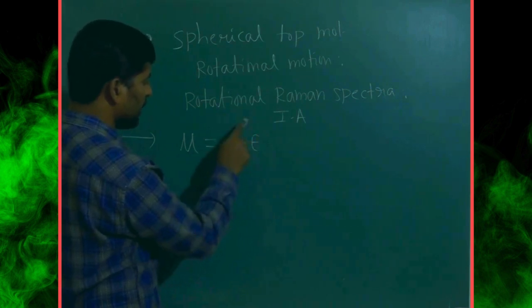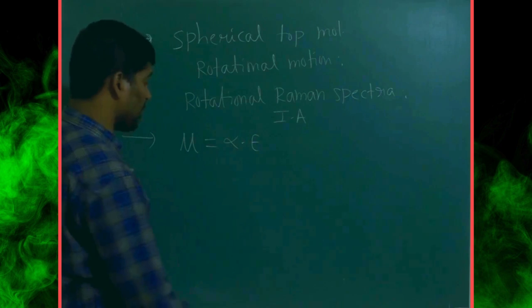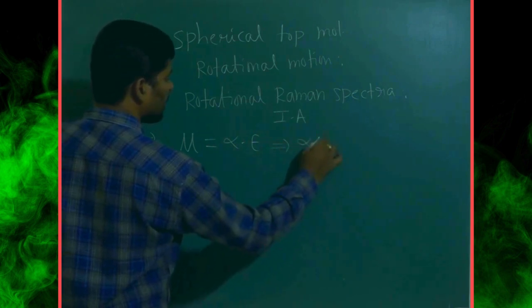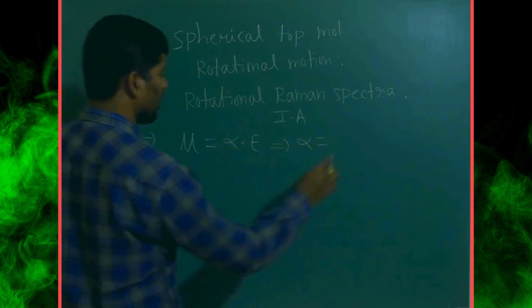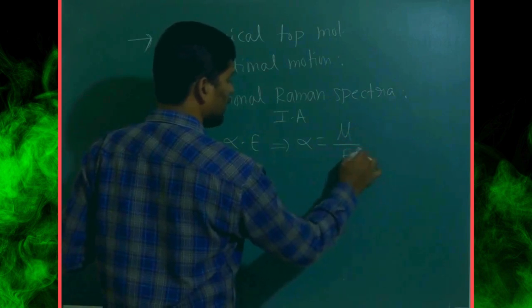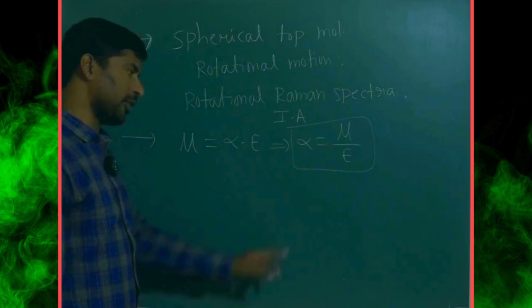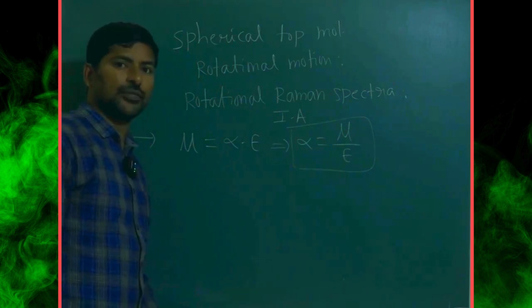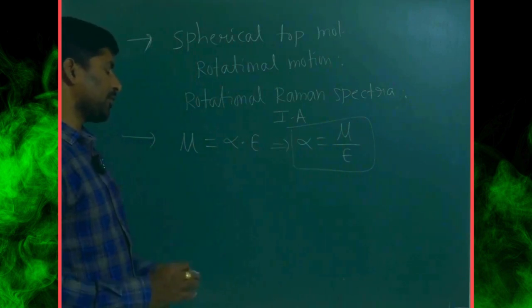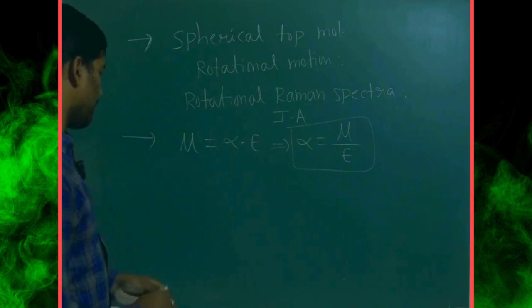For a given electric field, alpha may be different for different molecules, so the induced dipole moment may differ. So the polarizability of the molecule is given by mu by E, where mu is the induced dipole created in the molecule and E is the strength of the electric field we are applying. This is the expression for alpha.